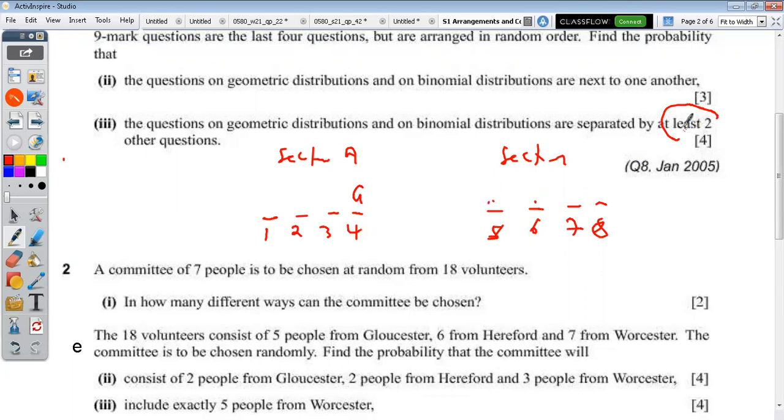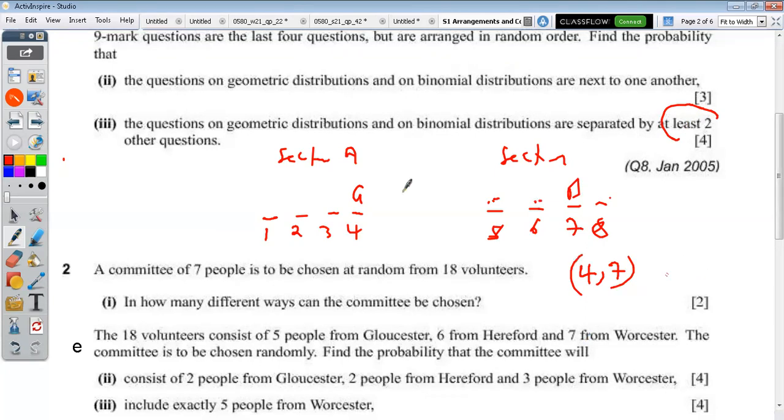At least means greater than or equal to 2. So the binomial can only start on question 7. So that's why I said position 7 and position 8. Clear? But now these other 3 questions can permute themselves, 3 factorial. And these 2 questions can permute, that's why I was saying 3 times 3 factorial. That's where I was coming to.